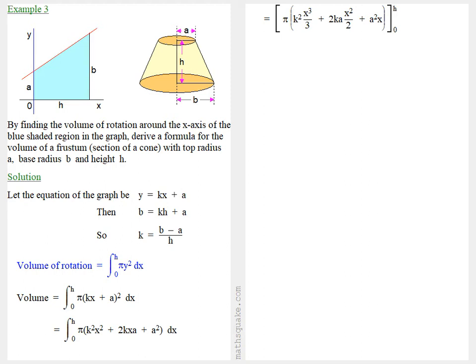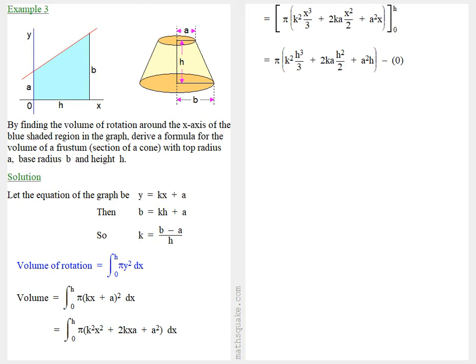So we substitute h in place of x, and then we subtract, substituting 0 in place of x. And that gives us pi times (k squared h cubed over 3 plus 2ka h squared over 2 plus a squared h) minus 0.